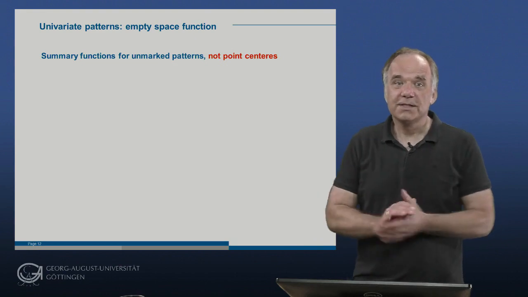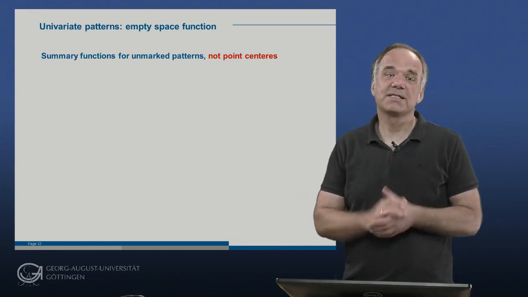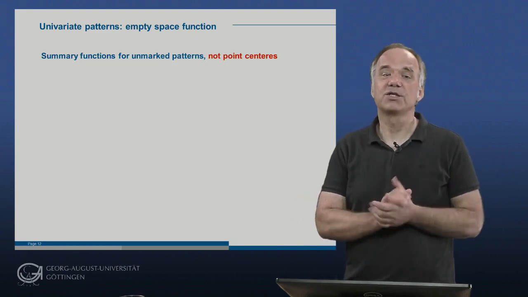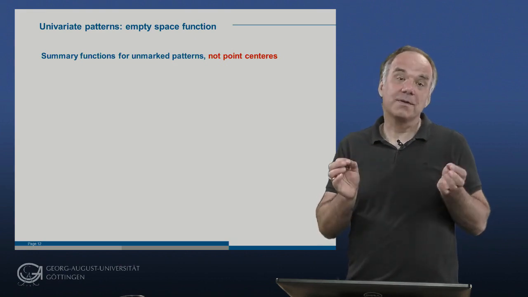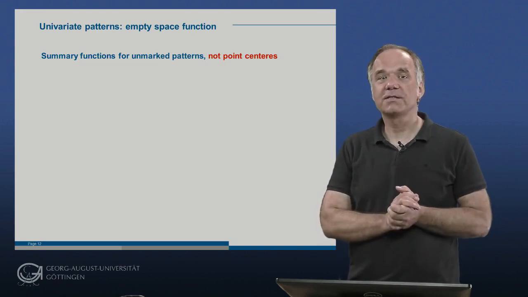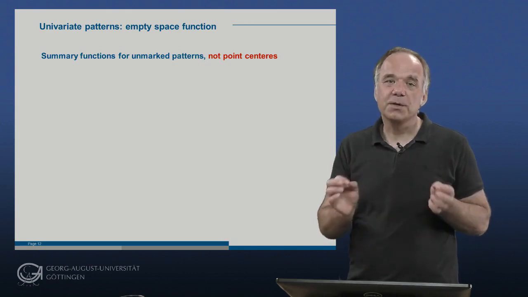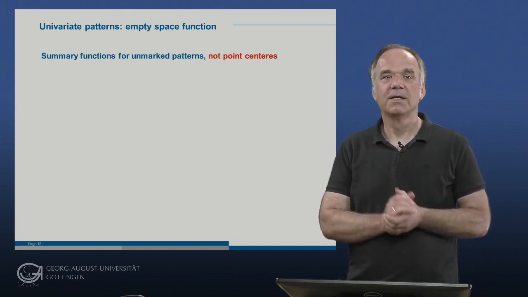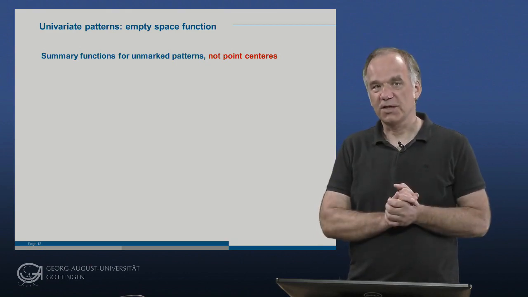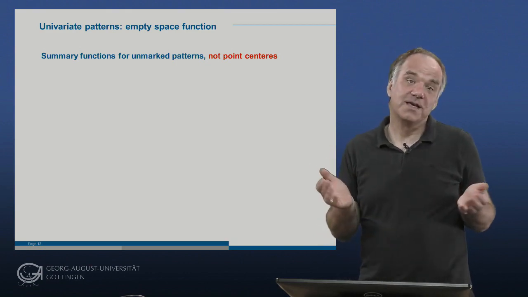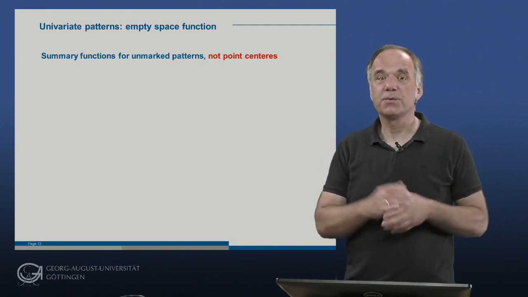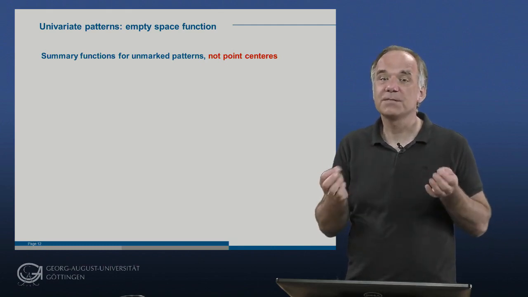To close this section, I will briefly introduce a summary function of a quite different nature. As you remember, the percolation function and the nearest neighbor distribution function characterize properties of a typical point of the pattern. They are point-centered summary functions. However, we can also characterize a pattern from the perspective of a random test point.